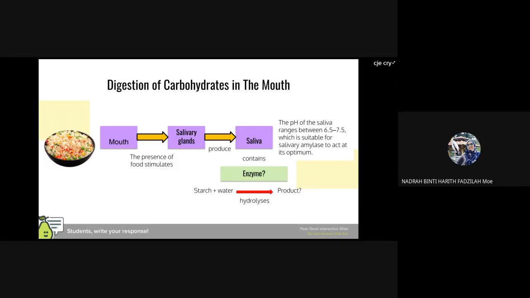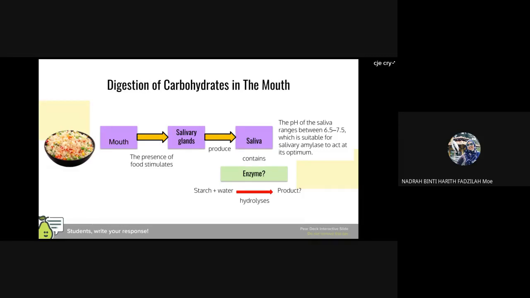Okay, so the first part is bila kita makan, kita mula dengan mulut kan. So when food is present in our mouth, it will be detected and it will stimulate the salivary glands to produce saliva. In the saliva, the pH range is between 6.5 to 7.5, almost neutral lah, atau mild, a bit alkaline.